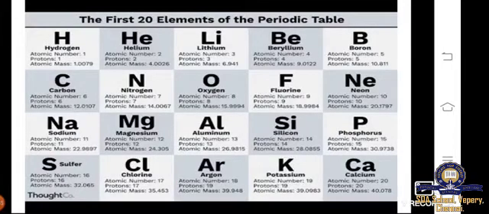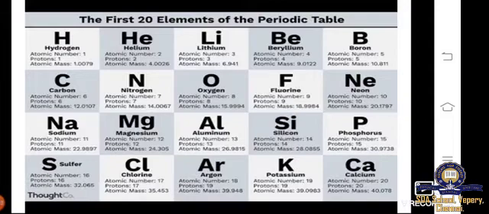Here we have the first 20 elements in the periodic table. They are first hydrogen, H; helium, He; Li lithium; Be beryllium; B boron; C carbon; N nitrogen; O oxygen; F fluorine; Ne neon; Na sodium; Mg magnesium; Al aluminium; Si silicon; P phosphorus; S sulfur; Cl chlorine; Ar argon; K potassium; Ca calcium.